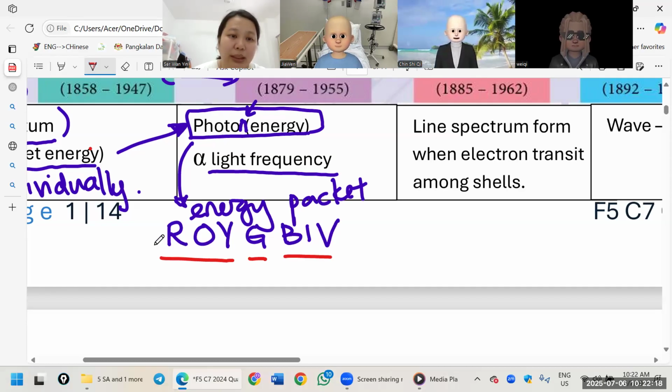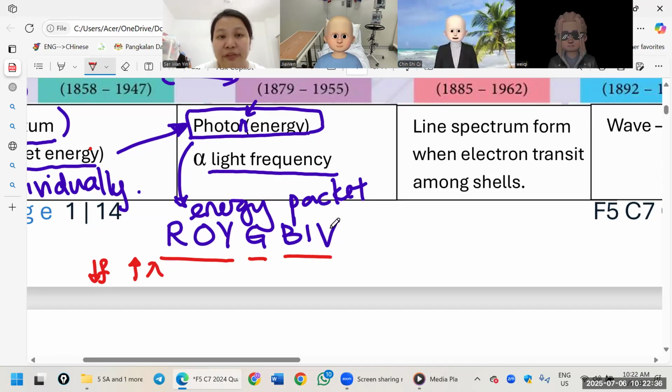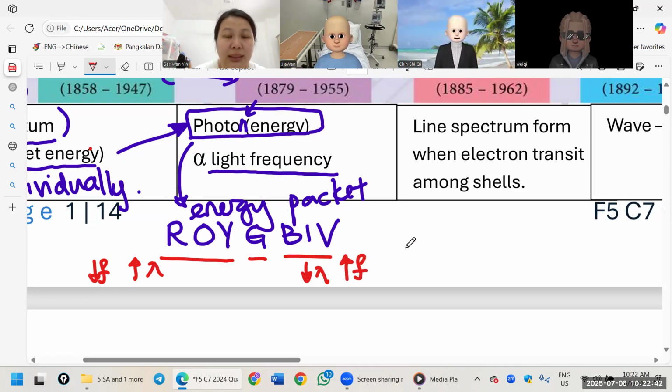Then why do we need to remember this? Because red has the longest wavelength lambda, but it has the shortest frequency. Violet has the shortest lambda, but it has the longest frequency.